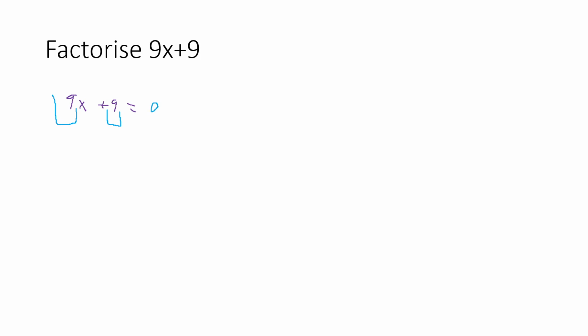Exactly, it's 9, isn't it? So all we're going to do is divide both sides by 9. What's 9x divided by 9? 9x divided by 9 is simply going to be equal to x.